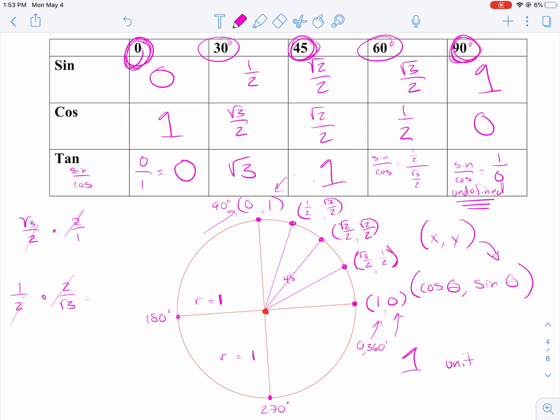So those multiply out. So you're left with 1 over square root 3. But we cannot have a radical in the denominator. So we multiply the top and the bottom by square root 3 over 3. And we get this as our tan value. So our tan value for 60 degrees is square root 3 over 3.